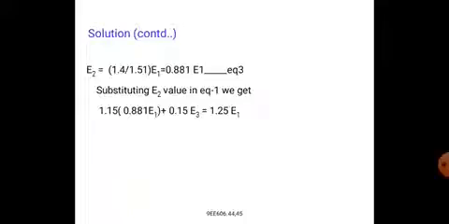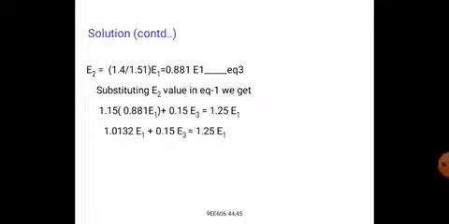Multiplying 1.15 into 0.881 gives 1.0132 E1, plus 0.15 E3 is equal to 1.25 E1.